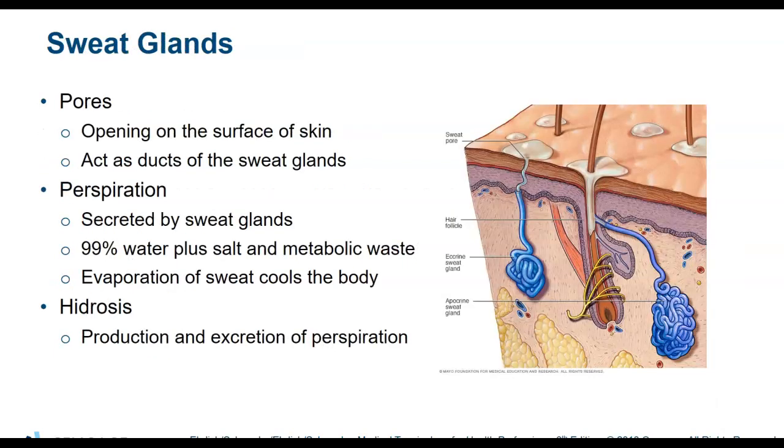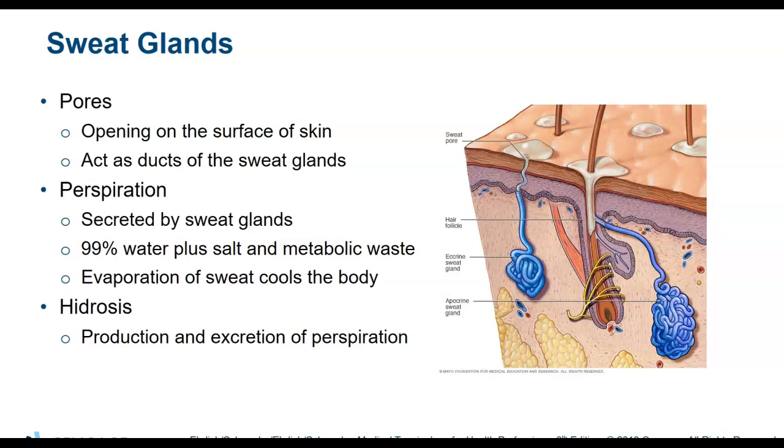Sweat glands are pores that open on the surface of the skin. They act as ducts to the sweat glands. And when we get hot, we perspire. And that's when that sweat is secreted through the sweat gland. 99% of that is water, but there is some salt and some metabolic waste.